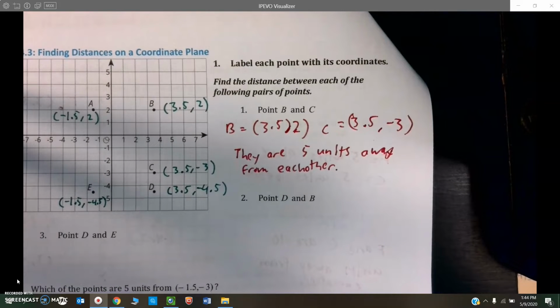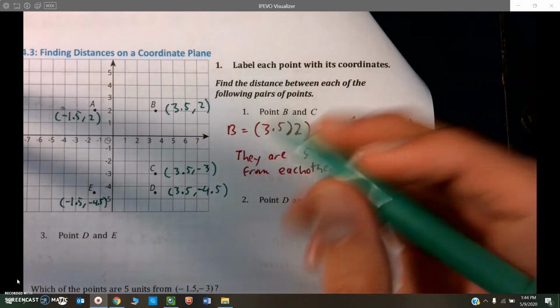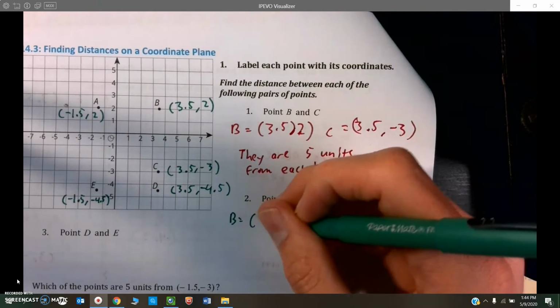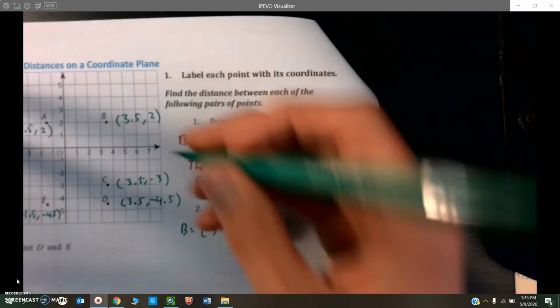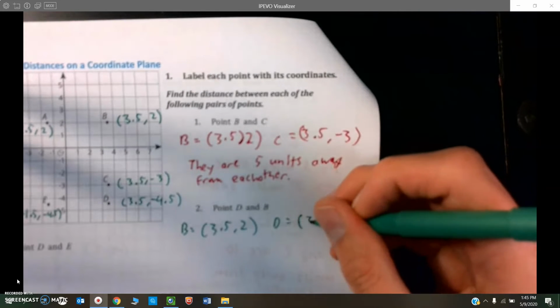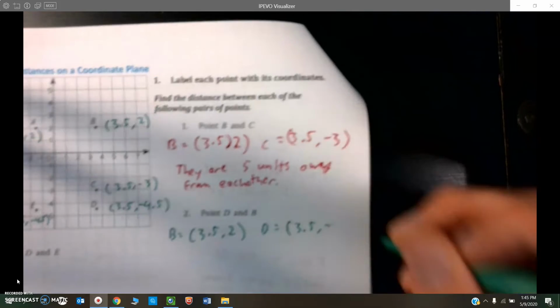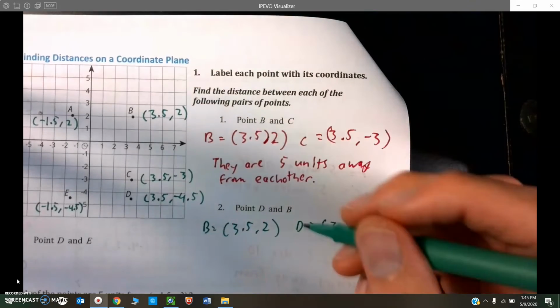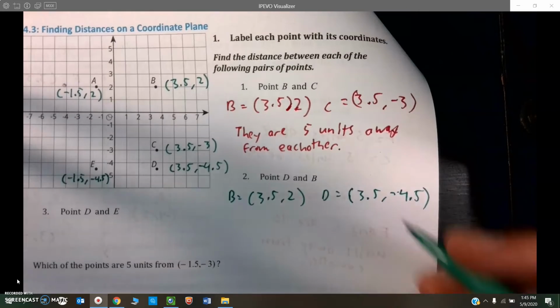Now points D and B. So once again we're working with B, which is (3.5, 2), and D, which is (3.5, -4.5), and so they share that x-coordinate, but their y's are different.